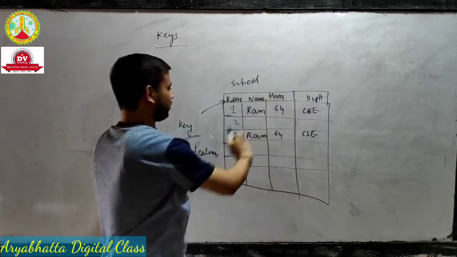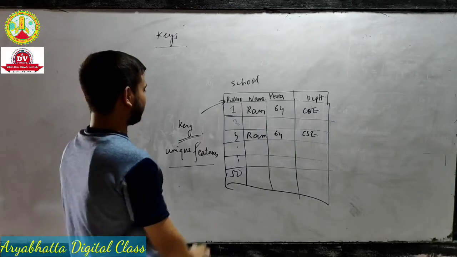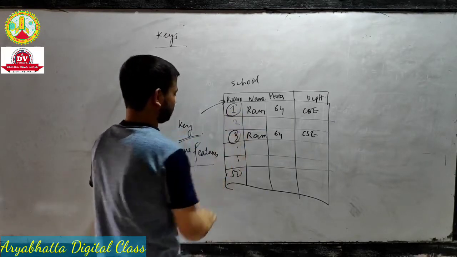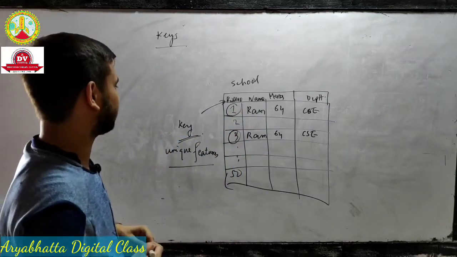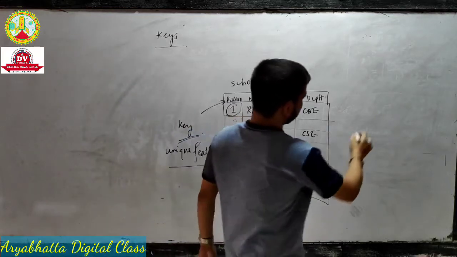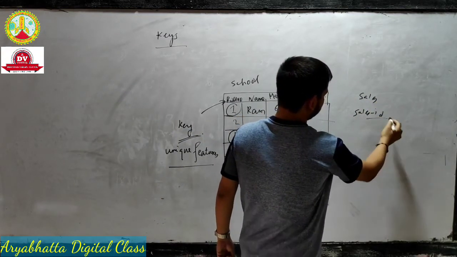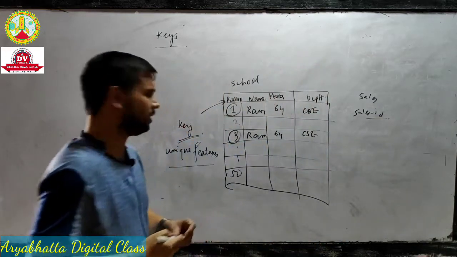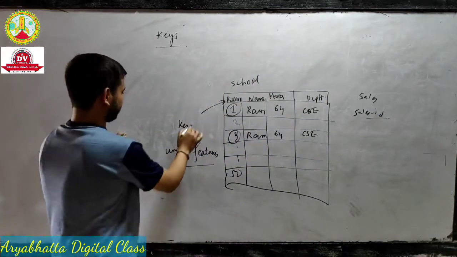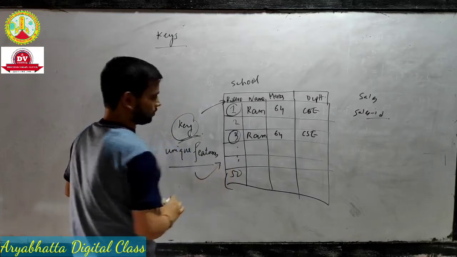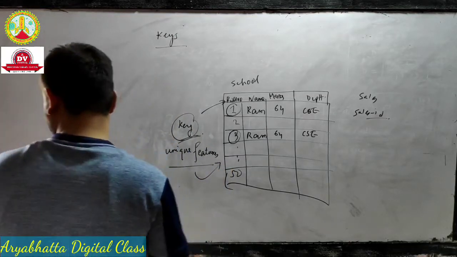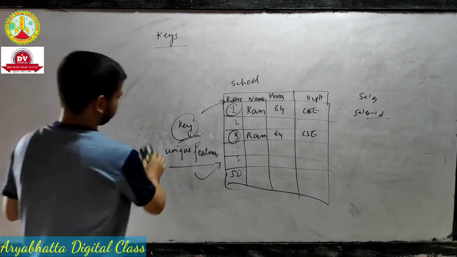The whole record is exactly the same, but what is different is the roll number. Roll number is never the same. Like that, sales ID. The attribute that is unique is called the key, from which we can access the whole table. This is the basic concept of keys.